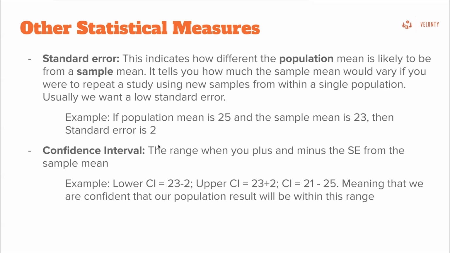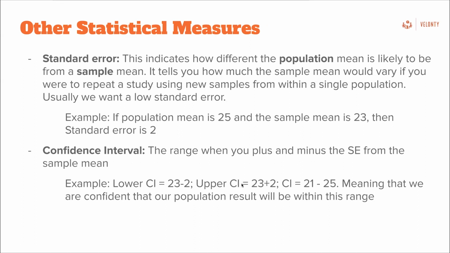The confidence interval is the range when you add and subtract the standard error from the sample mean. In this context, the lower confidence interval is going to be 23 minus 2, because the sample mean we got is 23 and the standard error is 2.